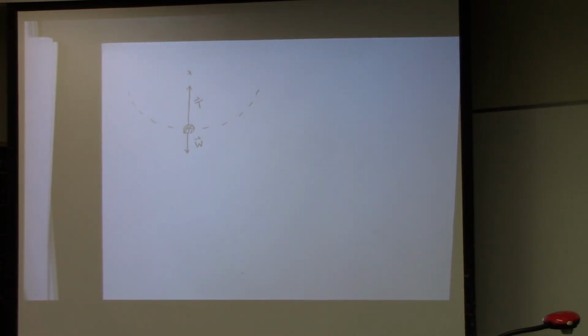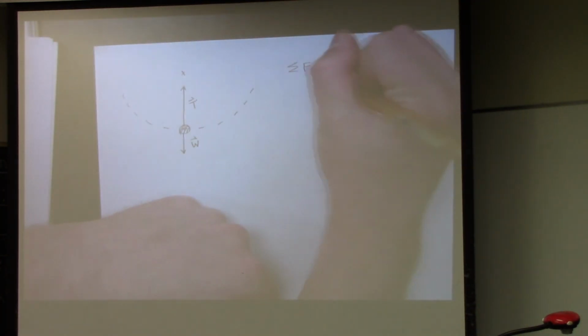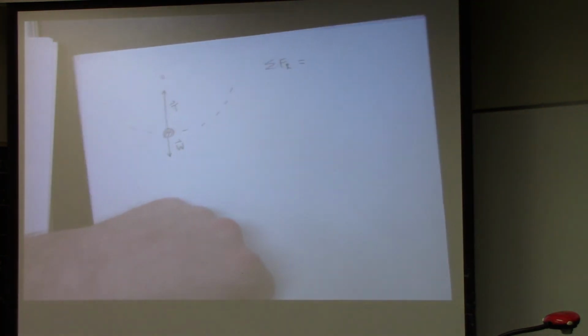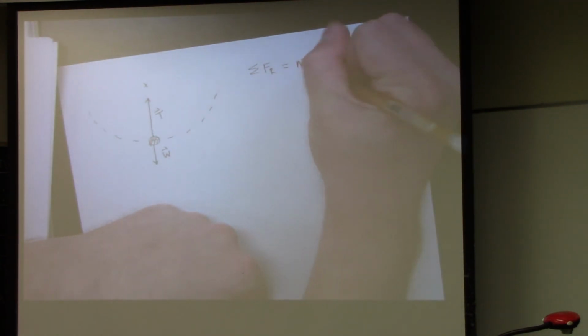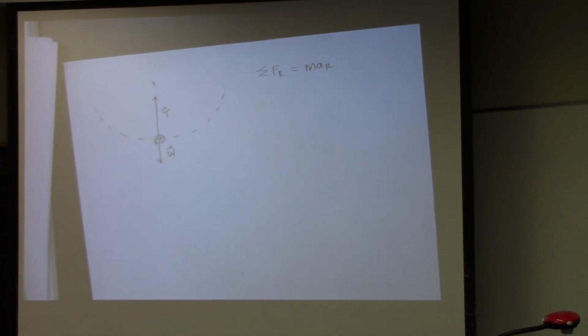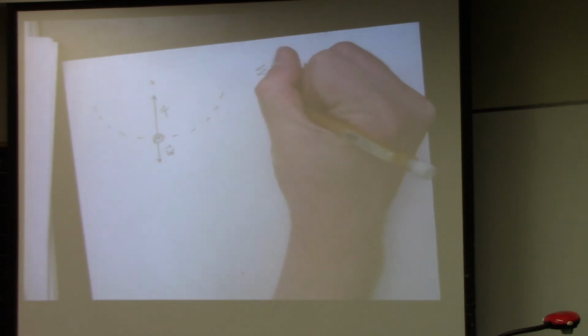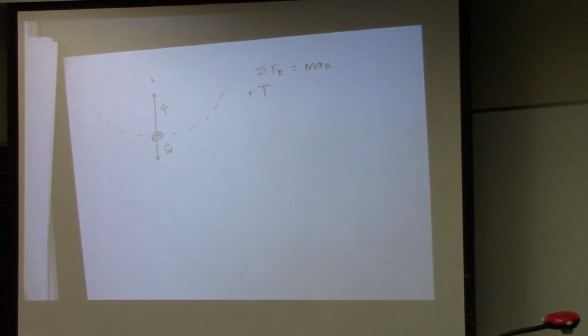So what we're going to do is take Newton's second law in the R direction, as we've been doing this entire lecture, and set the sum of forces equal to m times a_R. It's just Newton's second law, radial direction. We have to be a little careful about how we do the sum of forces. Tension should have a positive sign, because it's going inwards.